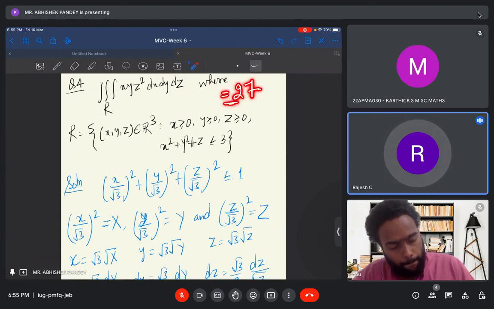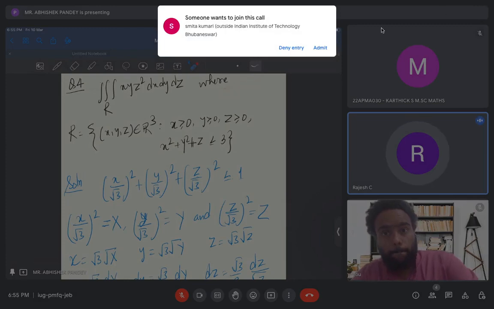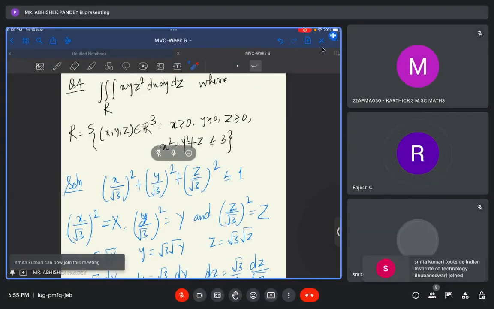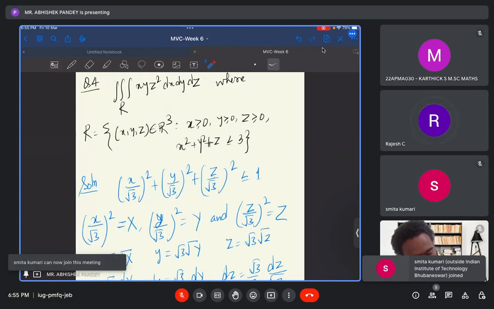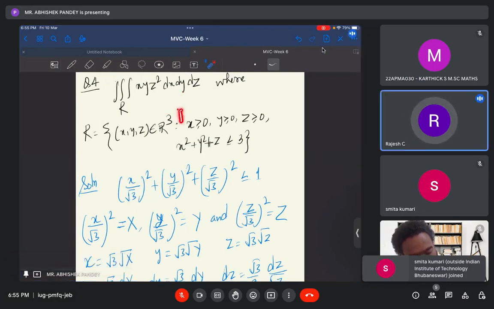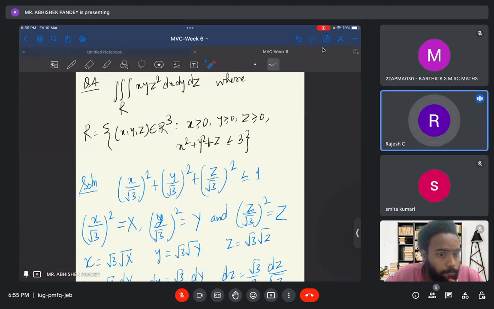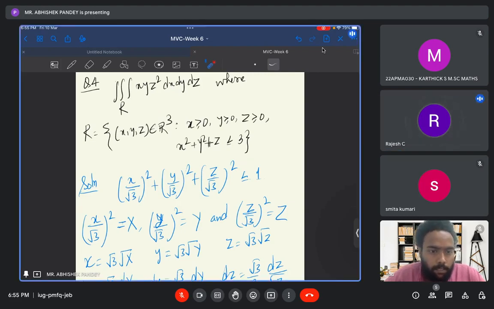Triple integral over the region R. Then you have to take x by root over 27 and proceed. I think we did everything, but the answer option is not available. I marked 243 by 8 because I assumed that x, y, z and x squared plus y squared plus z squared is equal to 9, and then I got 243 by 8.